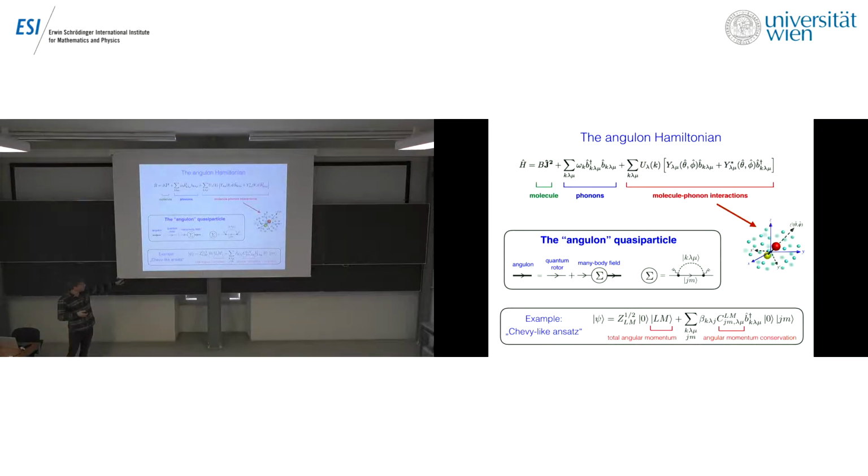And to give you an example, this is just a tiny part of the results that I'm going to show you. Only some of them were obtained using this ansatz, but many of you know the so-called Chevy ansatz, where you have single bath excitations. It's very similar to polarons, but there are differences. So you have an unperturbed wave function, with no bosons and the molecule in some state L, m, which gives the total angular momentum, and then you excite one boson with angular momentum lambda, mu, and you change the molecular state.